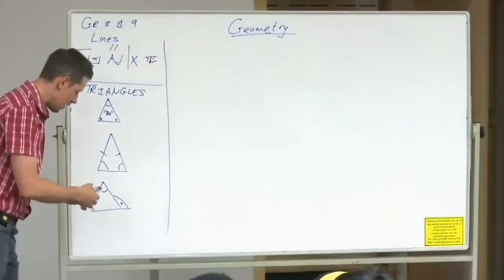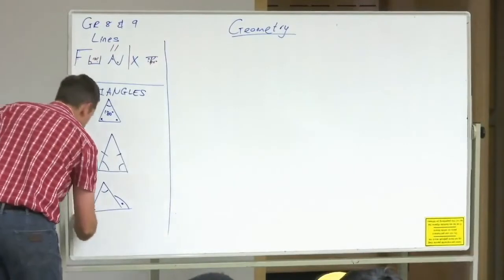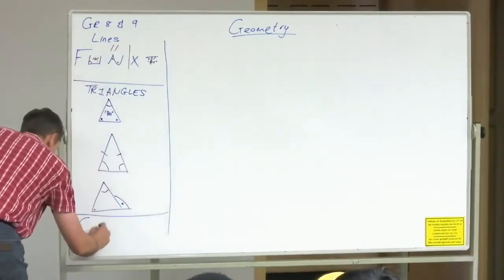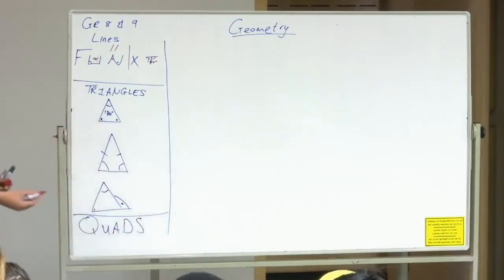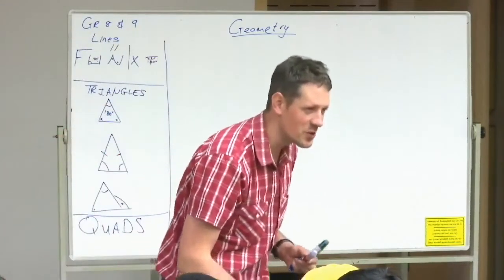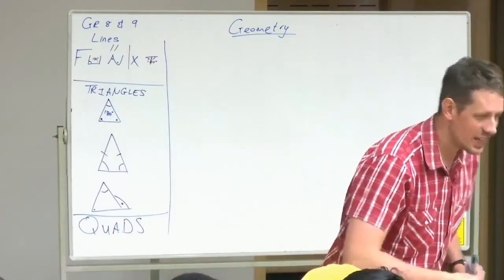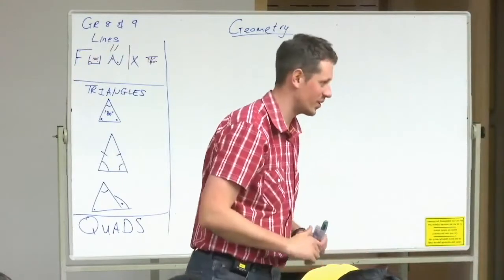Okay? Then, ladies and gents, I'm just going to write here at the bottom, quadrilaterals. Quads. Please go and revise all the properties of quadrilaterals, because in analytical geometry, they love to ask it.